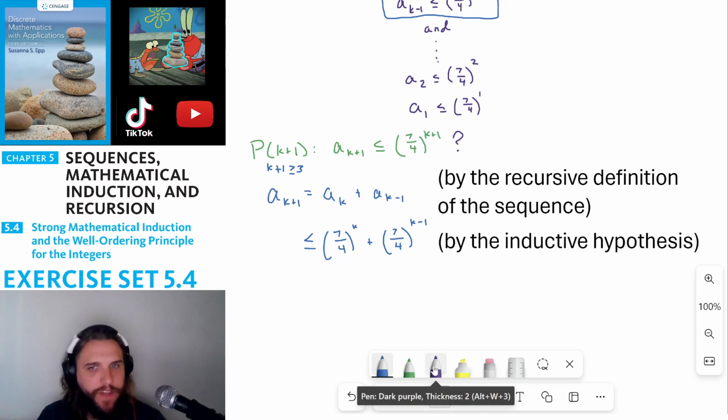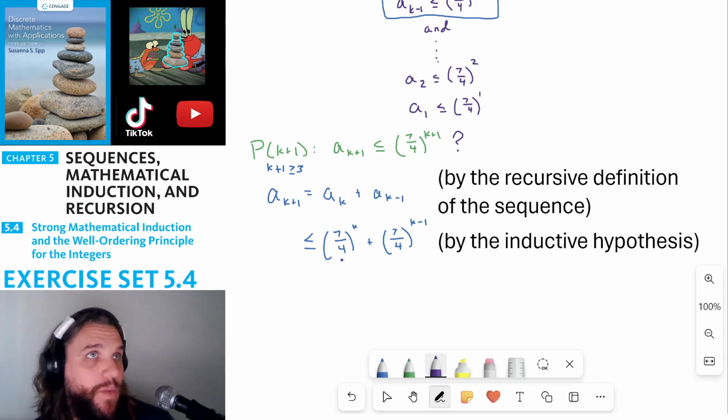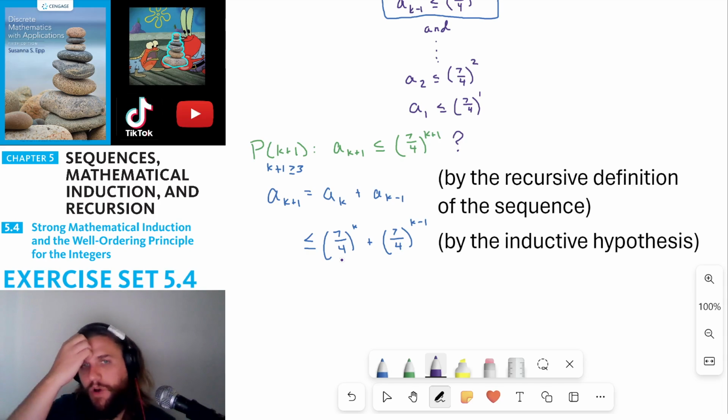And so because of that, we need to do some stuff to this so that we get 7/4 to the k plus 1. Now, we're allowed to either simplify this, or we can do the same trick that we did last time where we replace these things with bigger things to get bigger sums, and eventually, hopefully, we can get 7/4 to the k plus 1.